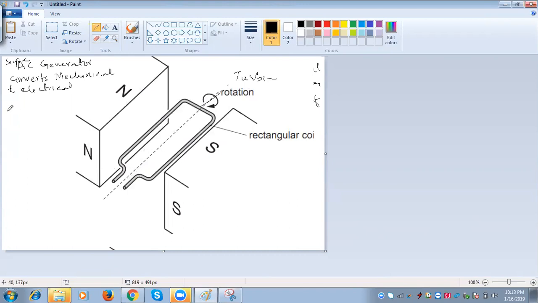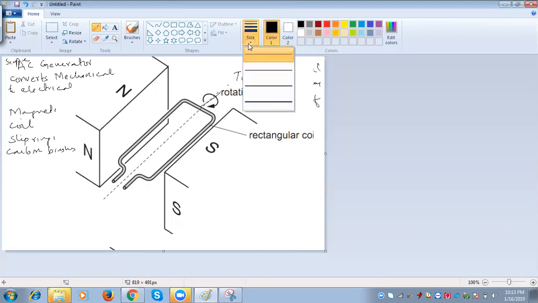What are the other parts? We have magnets, coil. Beside this, we have slip rings and carbon brushes. So how will this be attached to the slip rings?